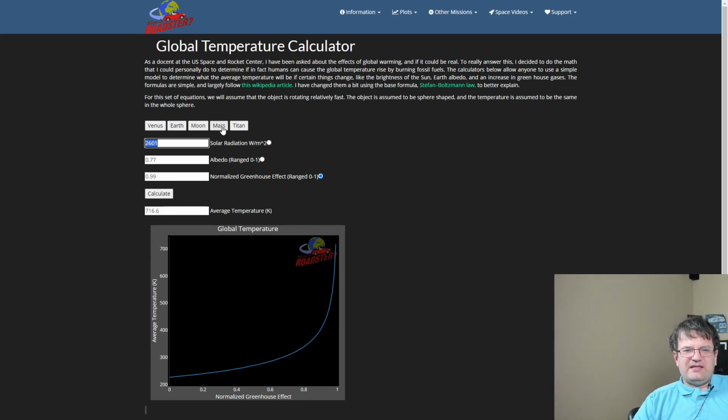And we can look at some of the other things. We can look at Mars. Mars has the solar radiation, again, about half of what Earth's is. The normalized greenhouse effect is pretty small, though, on Mars. And we're varying that now. You can see, though, that this 0.11 makes a difference of 6 or 7 degrees.